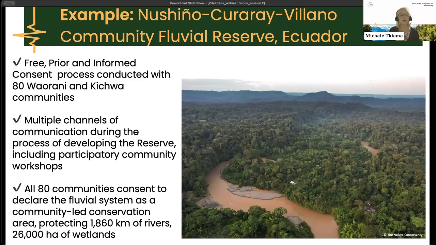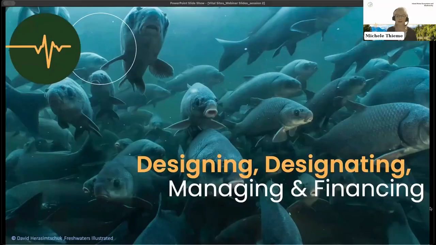At the end of the day, 100% or all 80 communities consented to declare this fluvial system as a community-led conservation area. And it covers over 1,800 kilometers of river and 26,000 hectares of wetland. And with that, I'm going to pass the floor over to Tara, who will lead us through the second half of the report.